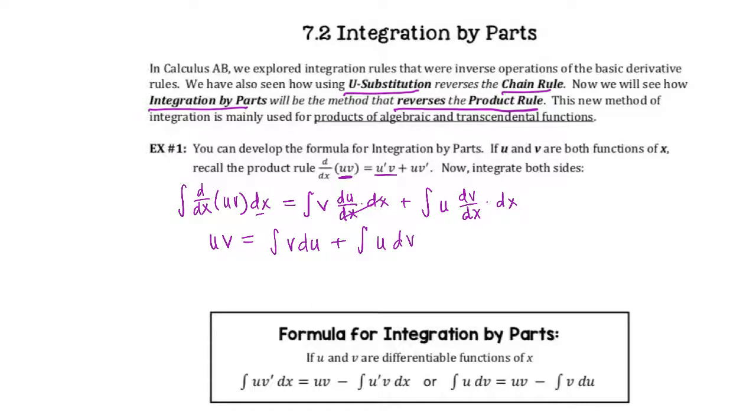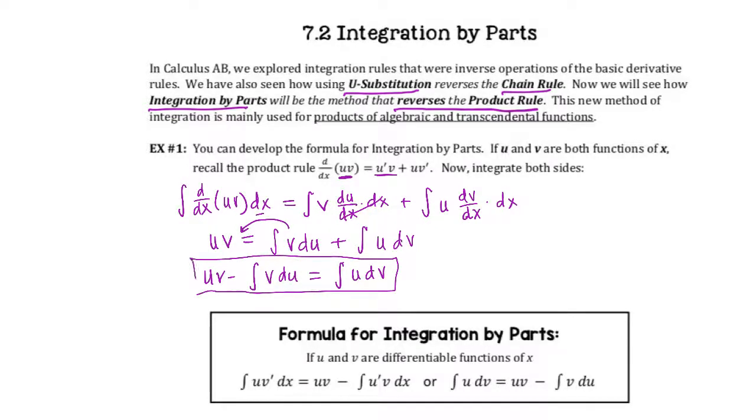And so finally we develop our formula. We're going to subtract this first integral over. So uv minus the integral of v du, that's going to be equal to the integral of u dv. And that is going to be our integration by parts.